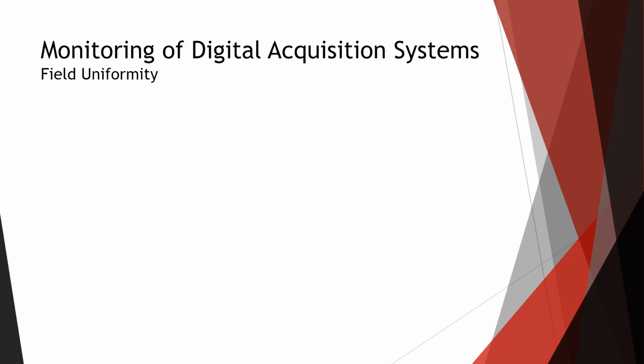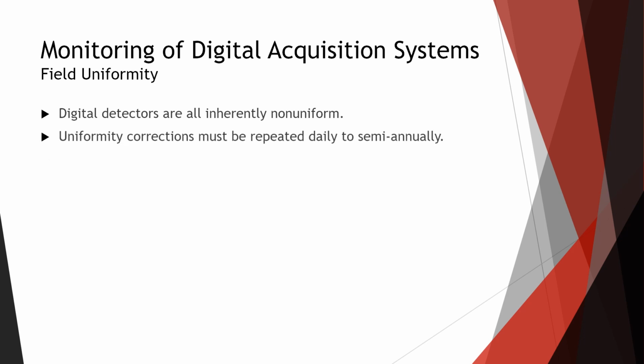Monitoring of digital acquisition systems, field uniformity. So digital detectors are all inherently non-uniform. So we're talking about DR now, so we're talking about the DELs, okay? Inherently, they're all non-uniform. Uniformity corrections must be repeated daily to semi-annually. So the daily detector calibrations could be done by techs, could be done by us.